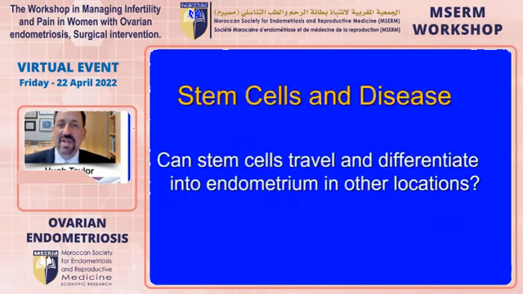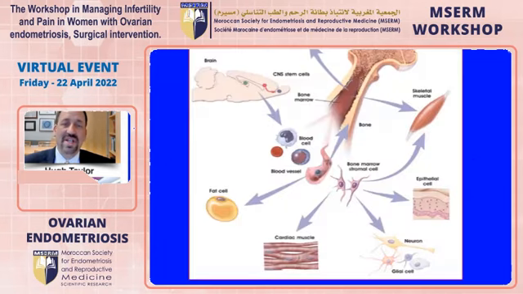So many years ago, we asked whether stem cells could contribute to endometriosis. Could stem cells travel and differentiate into endometrium in inappropriate locations? And we looked first at bone marrow derived stem cells.